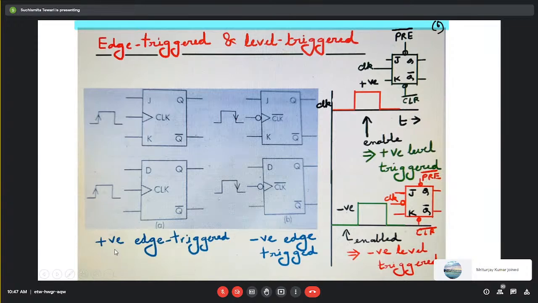We call it a positive edge triggered clock. The flip-flop that uses this positive edge triggered scheme, we call a positive edge triggered flip-flop. Similarly, when we call it negative edge triggered, it will respond to change in input at this edge. We will call it a negative edge triggered flip-flop.